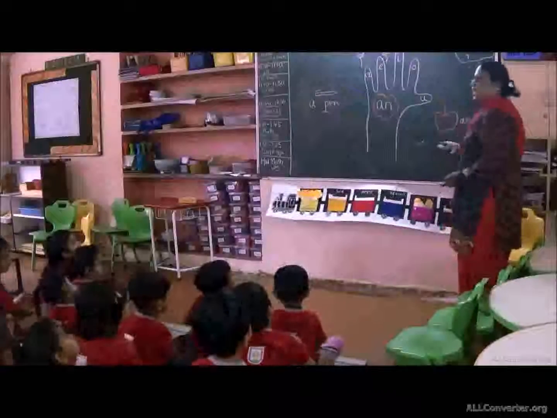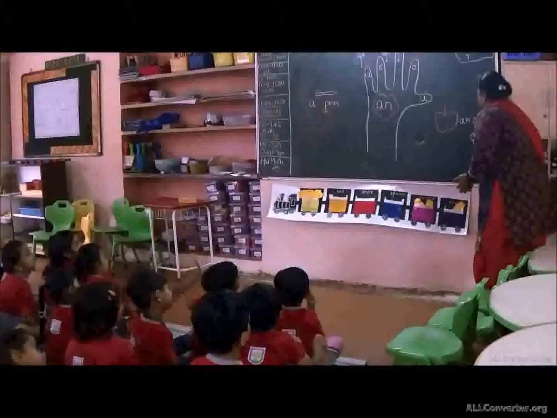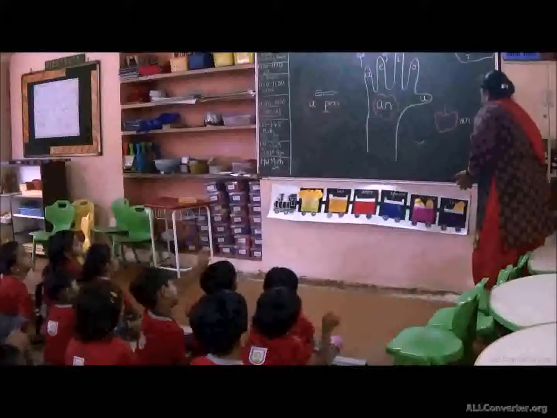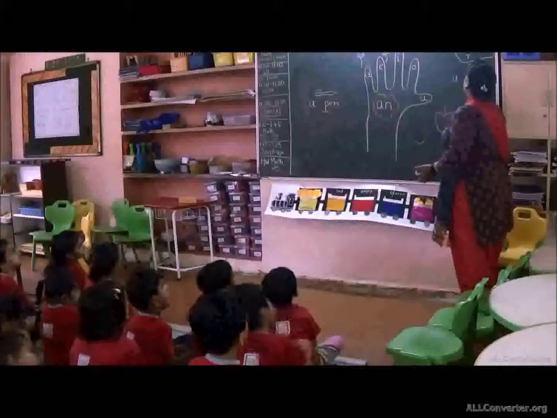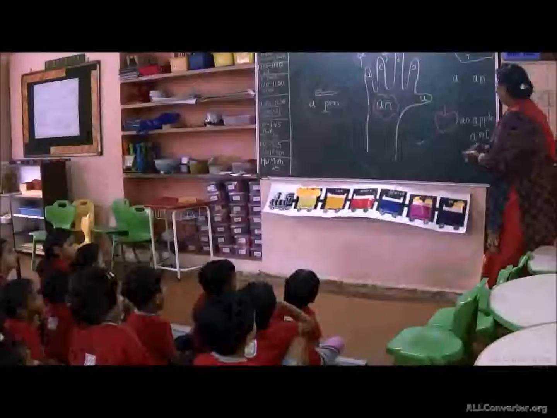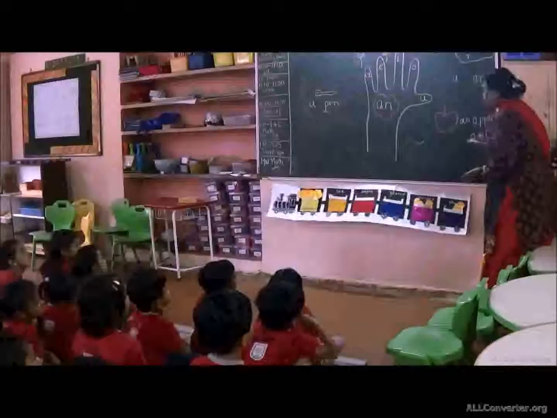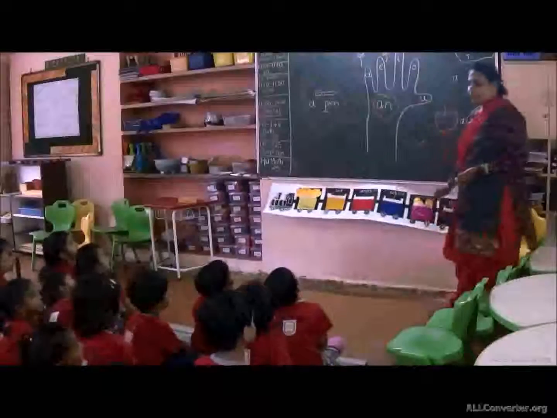Okay, if I say ant, what will come? A or an? Let us see the first sound. What is the first sound? A. Is A there among the vowels? Yes.